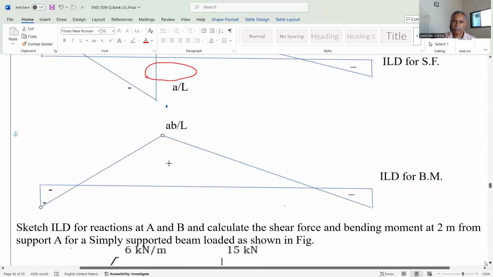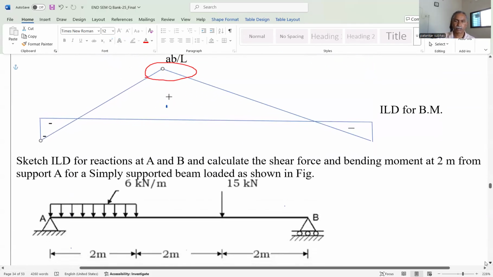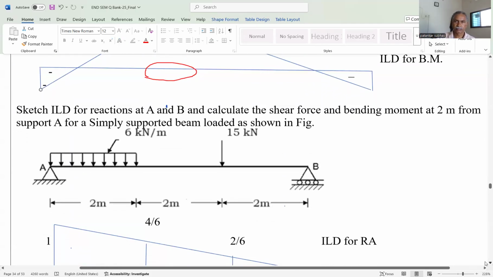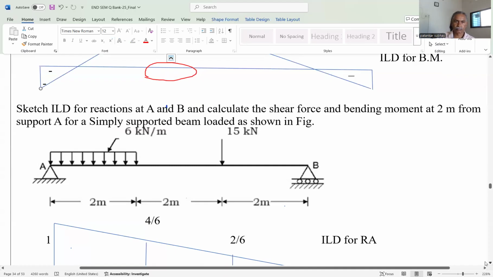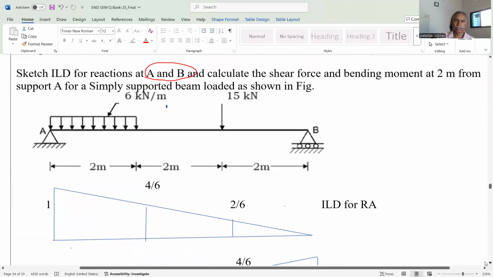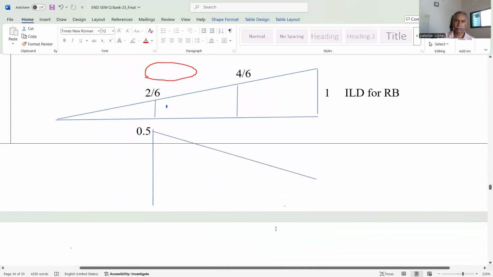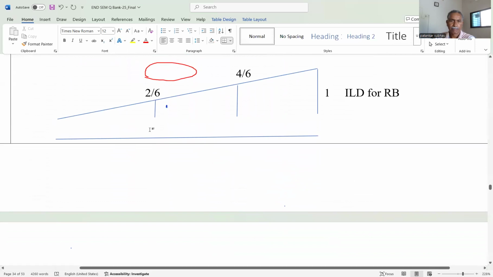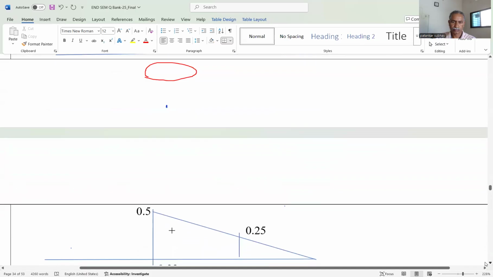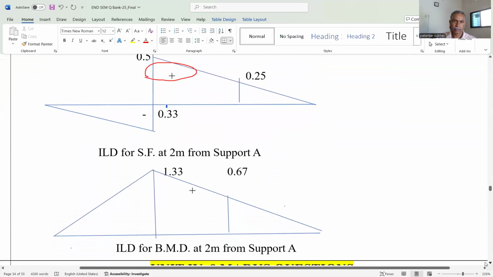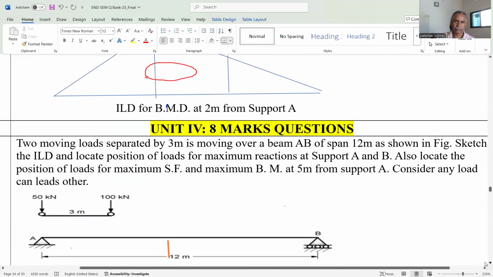So you can easily draw the ILD for bending moment and shear. On the same line, you can draw the ILD for shear force and ILD for bending moment.